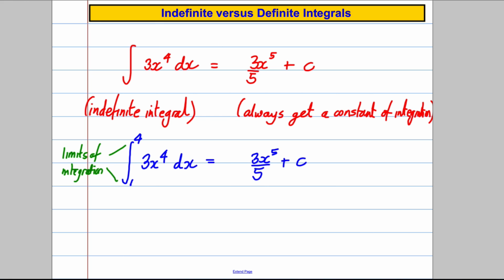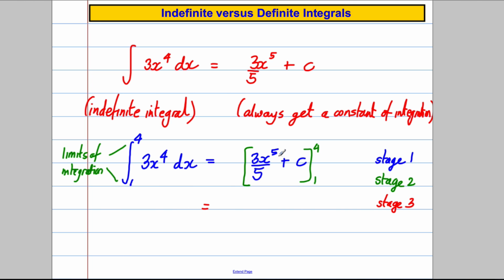So that would be stage 1, in blue. Stage 2, you put square brackets around the thing you've integrated, and you put the numbers to the right hand side this time. And stage 3 is you evaluate this function at 4.